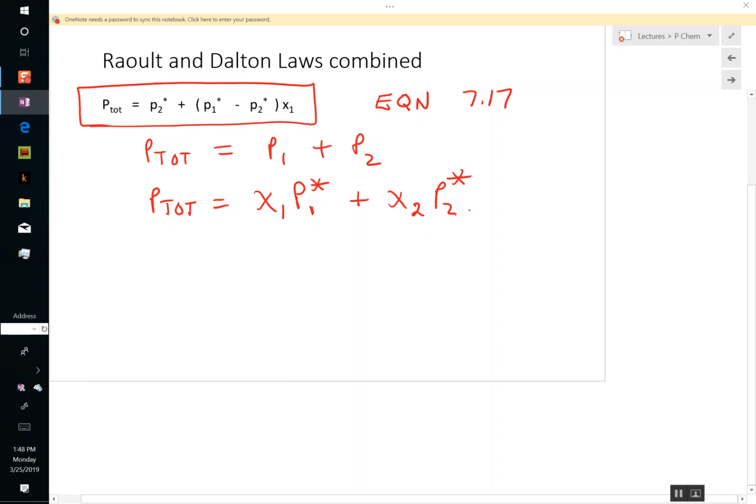Just keep in mind, in a binary system, the mole fraction x2 is 1 minus x1. And so you can actually just put that into this equation.